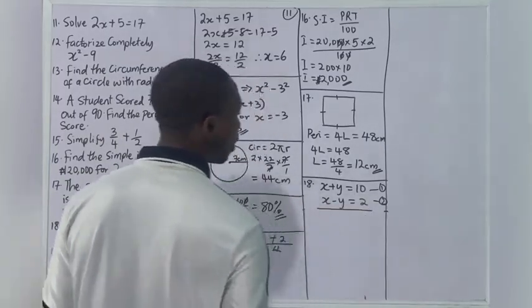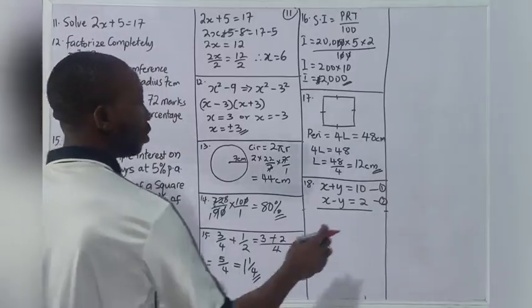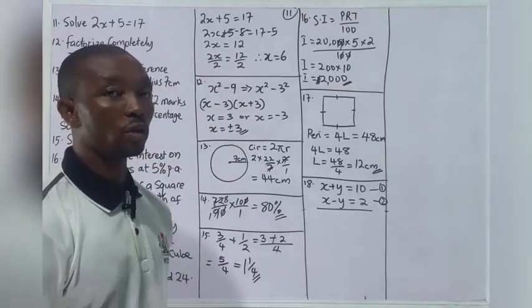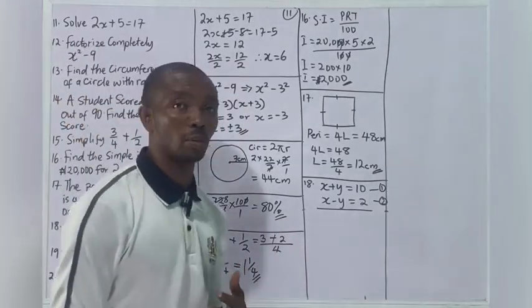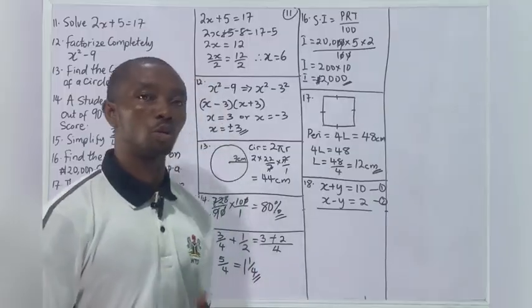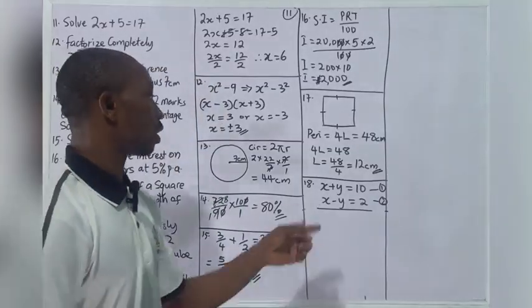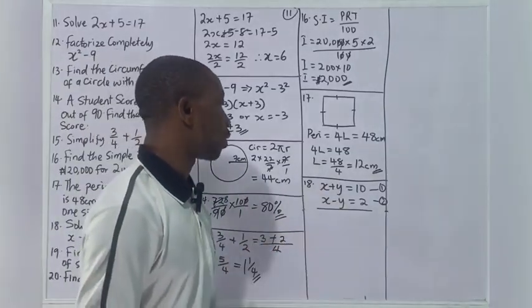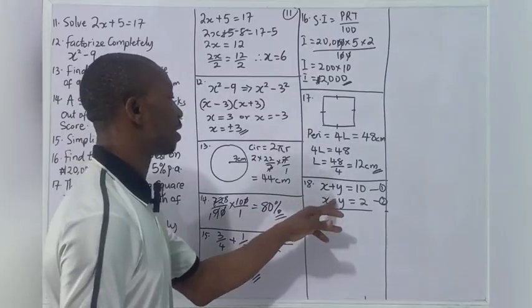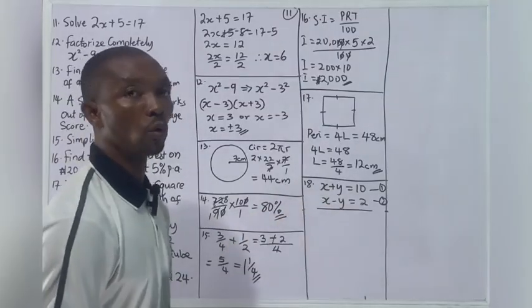Let's add up. In solving simultaneous equations, we can use two methods. Either we use the elimination method or we use the substitution method. Now, since we have common variables here, we can do what? Eliminate. So for this, since this is having different signs, we do what?